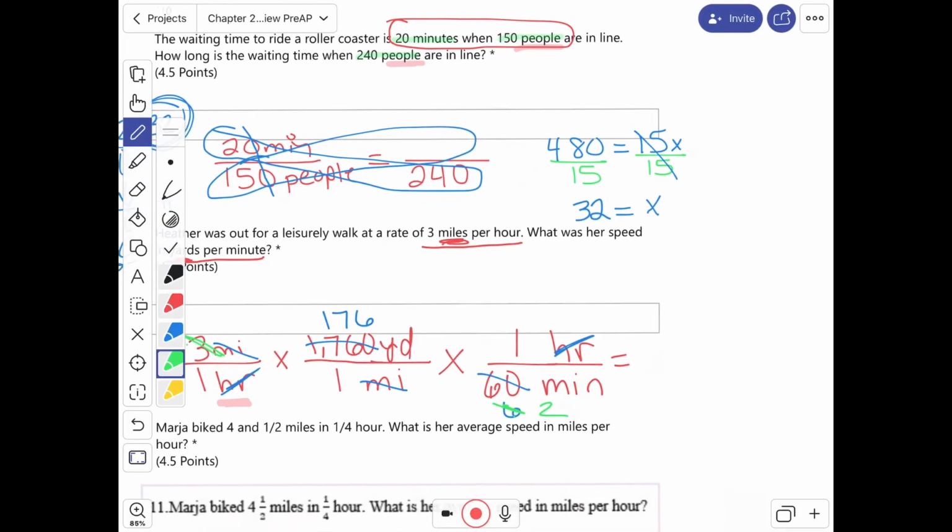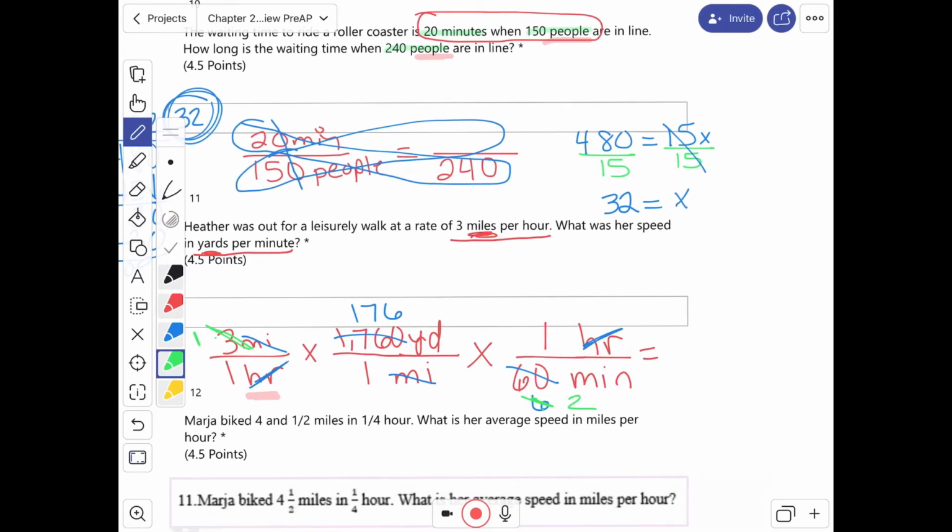And I could probably simplify the 176 by 2. But I can't do that very well in my head, so I'm just going to go ahead and work it. 1 times 176 times 1 is 176. And then 1 times 2 is 2. Now I have an improper fraction that I have to divide. 2 goes into 17 8 times with 1 left over.